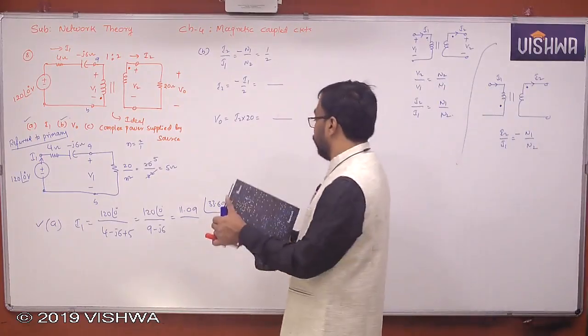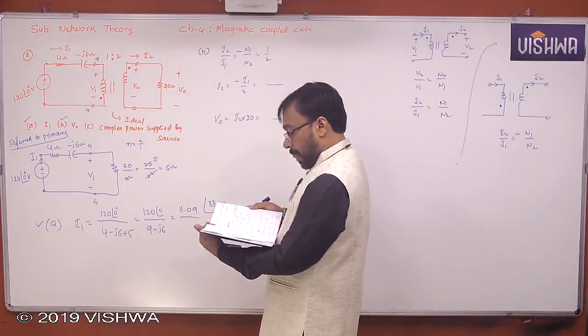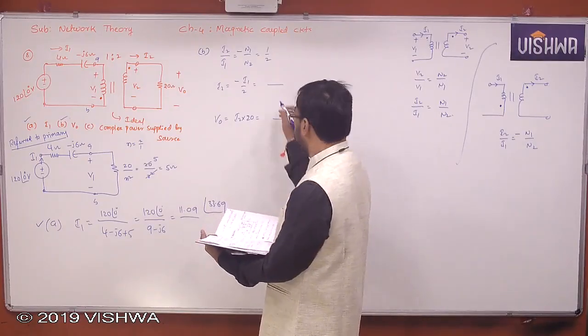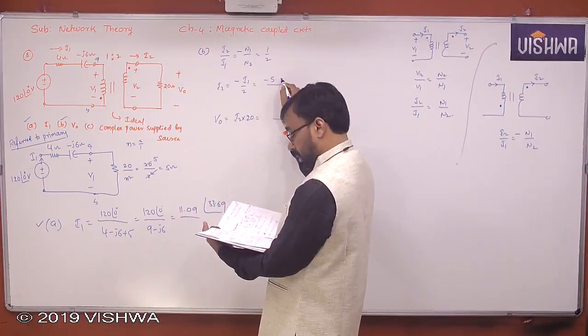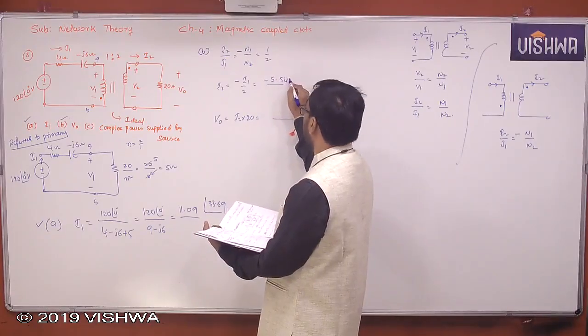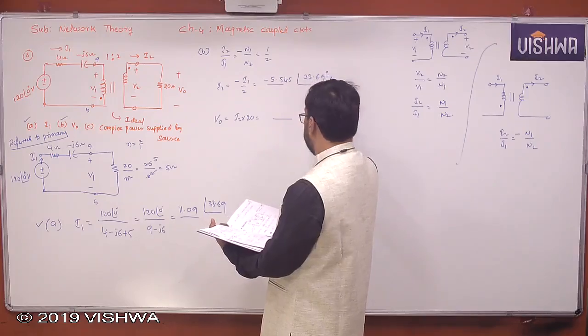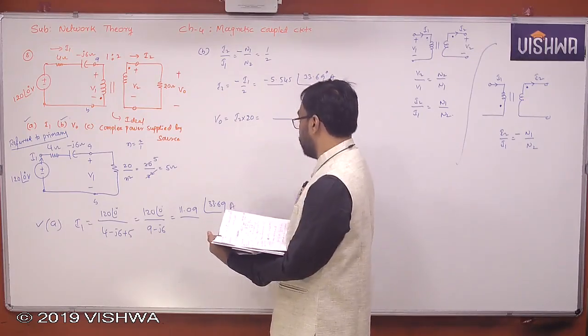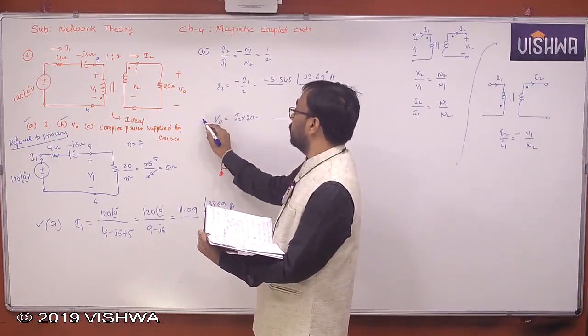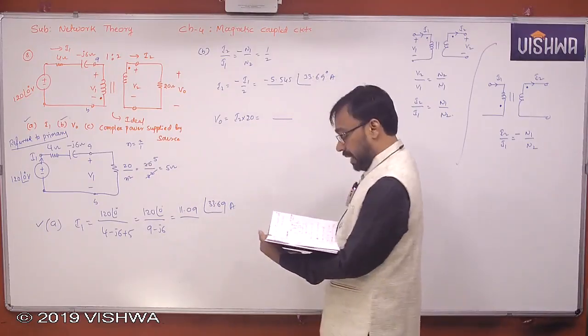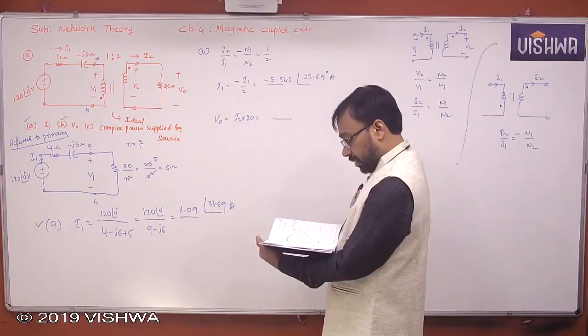So I'll just give you the value: minus 5.545 at an angle of 33.69 degrees amperes, and V0 will be now simply multiplication.